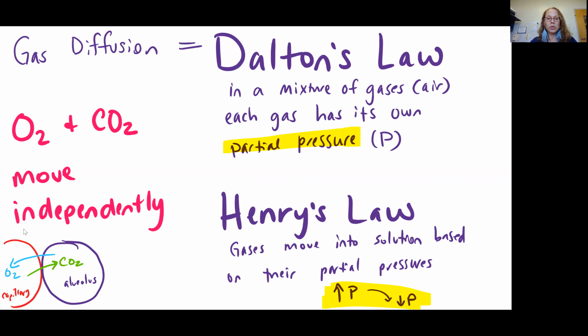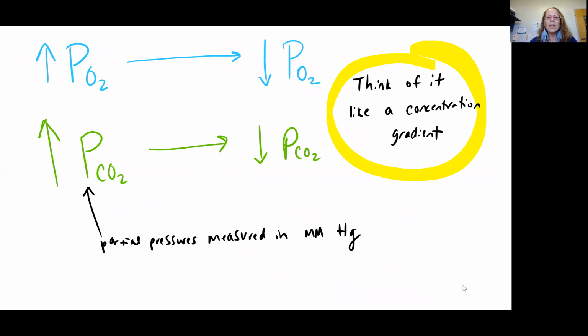It's able to move in these different directions because of both Dalton's and Henry's law. Again, just think of this as a concentration gradient. Gases move from a high partial pressure to a low partial pressure, with their own partial pressure, so gases move independently of each other.